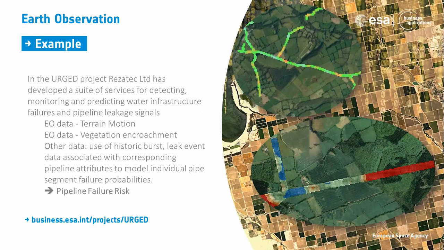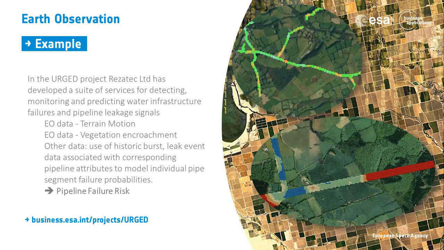So just one example of a project that was concluded quite recently is the EARTH project by Resatec Ltd, a company in the UK, that in a project funded by ESA Business Applications, developed a suite of services for detecting, monitoring, and predicting water infrastructure failures and pipeline leakage signals.